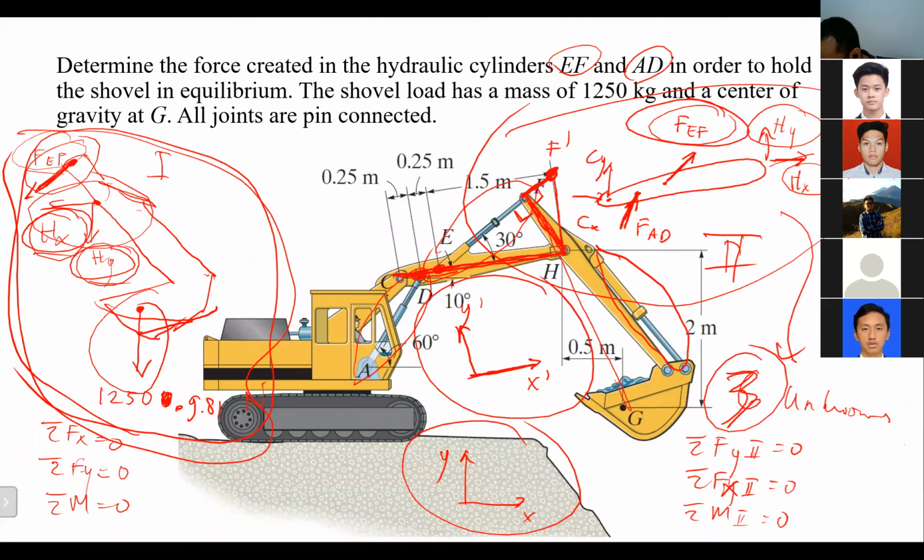And since we're just extending the EF until it reaches this 1.5 meter, it's going to be a right angle triangle, no matter what the arm is, I think.